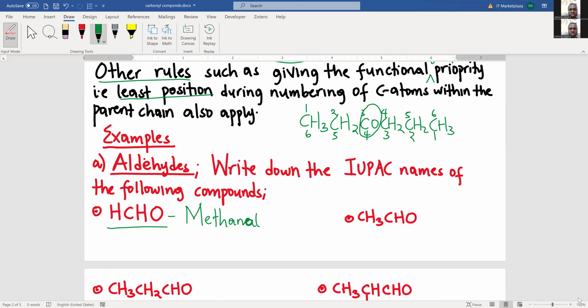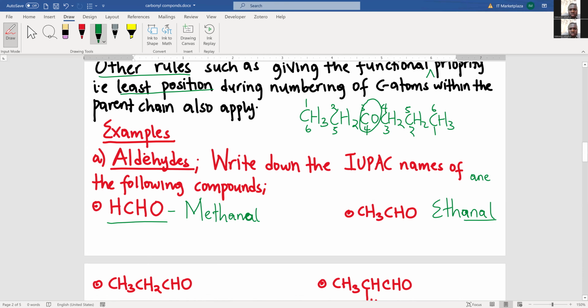So instead of having ethane, I'll have ethanal, which I have generated by replacing -ane in ethane with -anal.